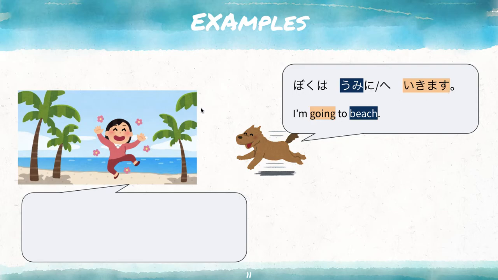Okay, the next perspective would be from her. This girl is trying to explain that this dog is coming to the beach.